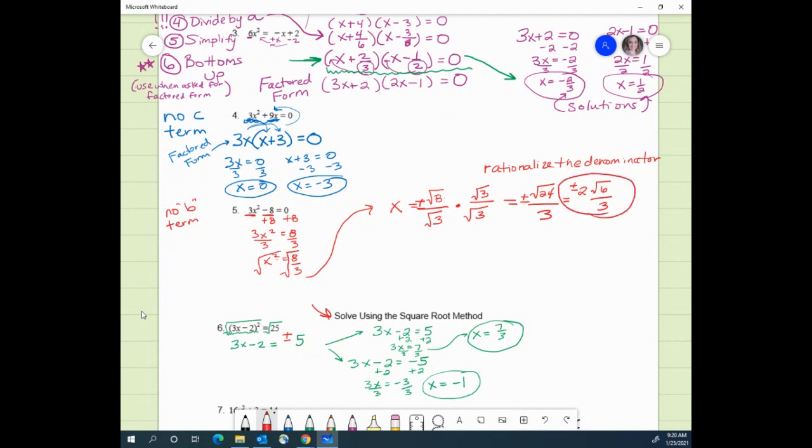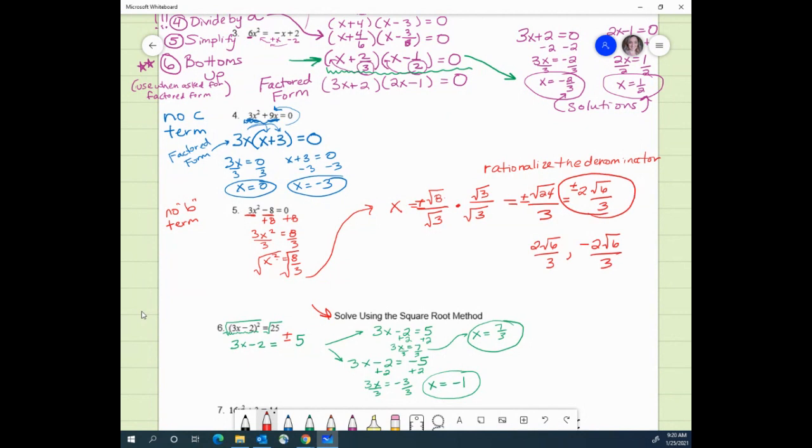And that's going to be our solutions right there. So plus or minus means positive 2 radical 6 over 3 or negative 2 radical 6 over 3. And you can write it either way.